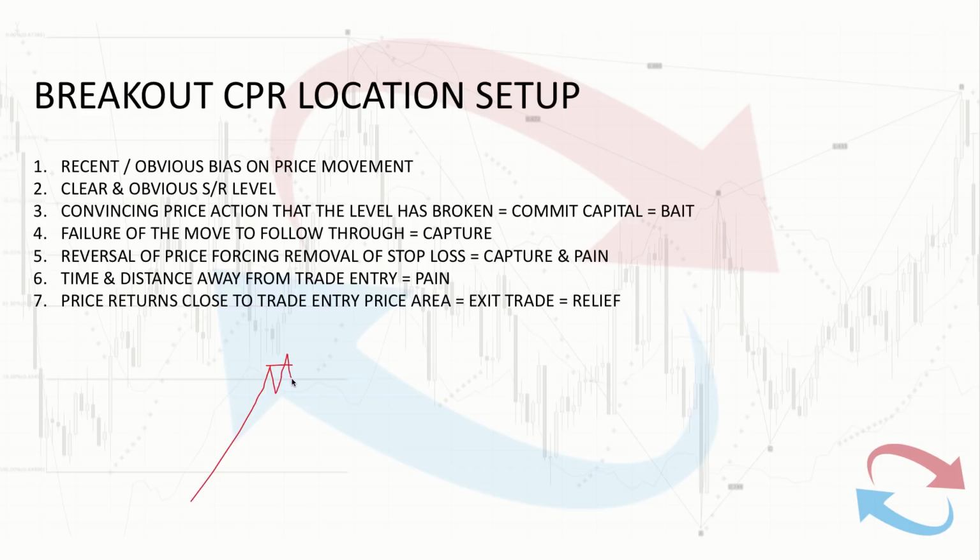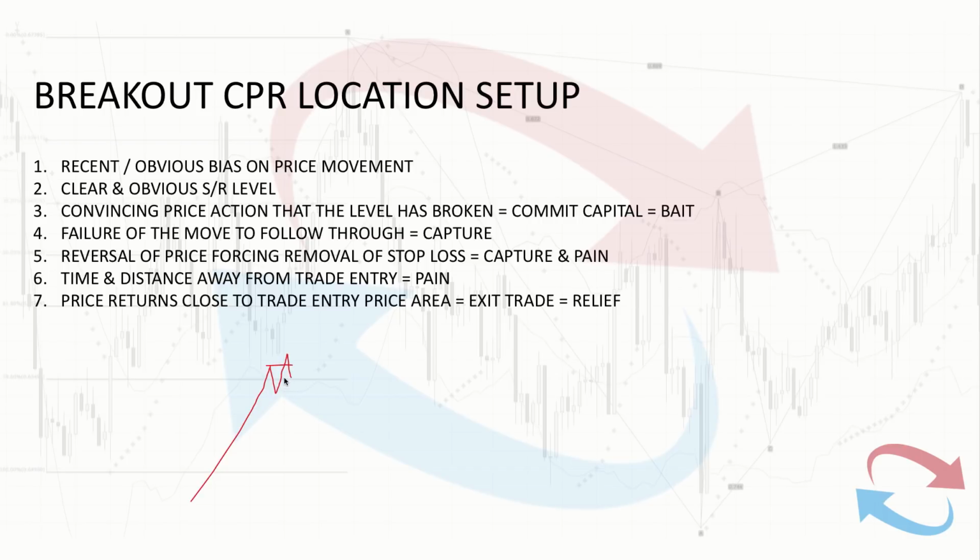And this begins the capture phase of the CPR process. So we've got the bait first, then we've got the capture, and then a reversal of price forcing the removal of stop losses, and this is again the capture and the pain phase.